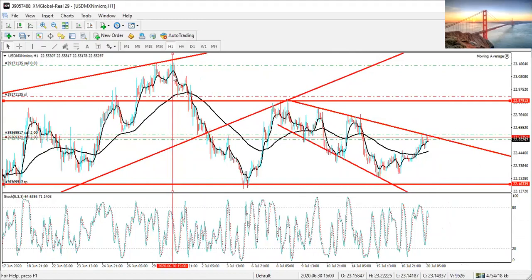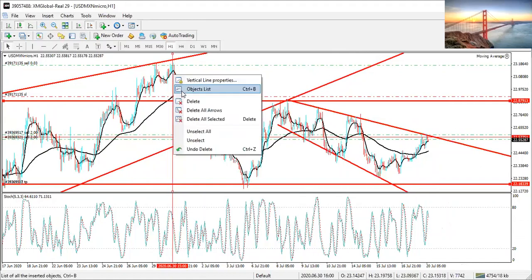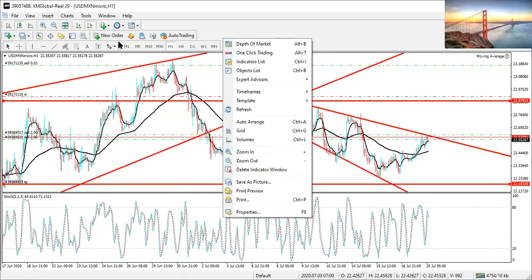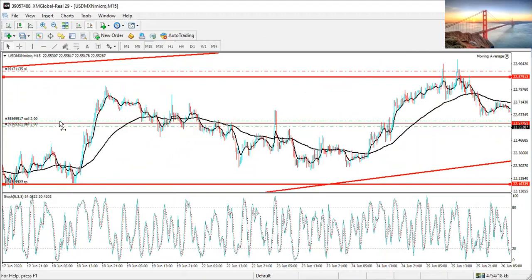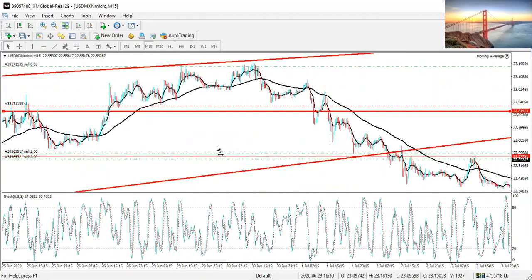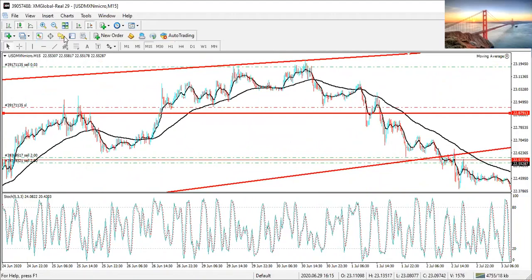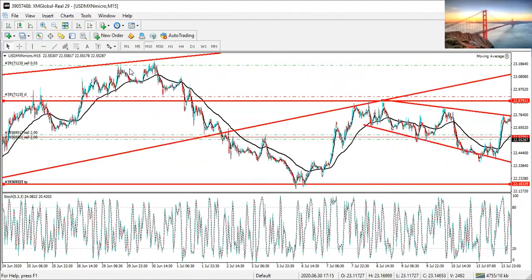This one's not too clear, to be honest. I would have to go down to the lower time frames to see if I can show you clearly what the divergence looked like. Right, here we go. So here's our settings.